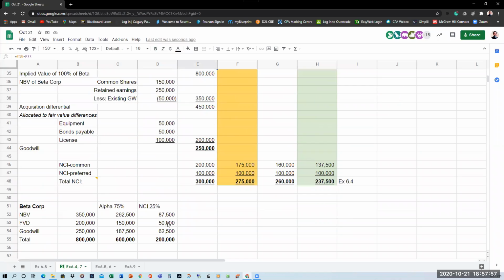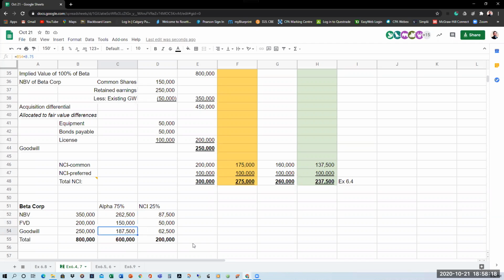In part one, that's your explanation. NCI's 200,000 gives it a 25% share of book value, fair value differences, and goodwill. Alpha's 75% ownership gives it 75% of book value, 75% of fair value differences, and 75% of goodwill.